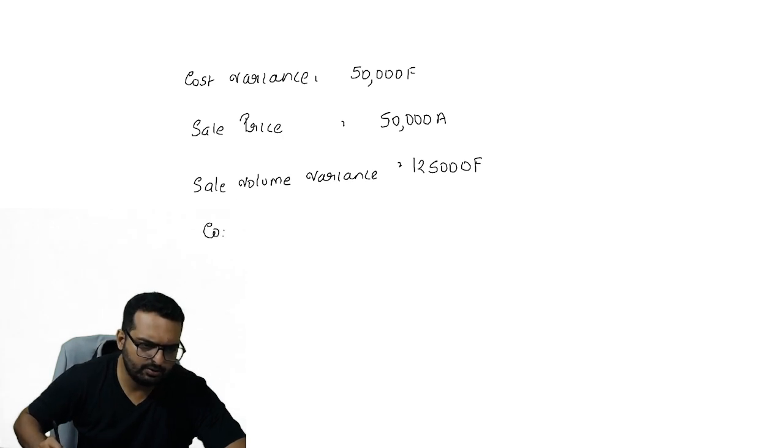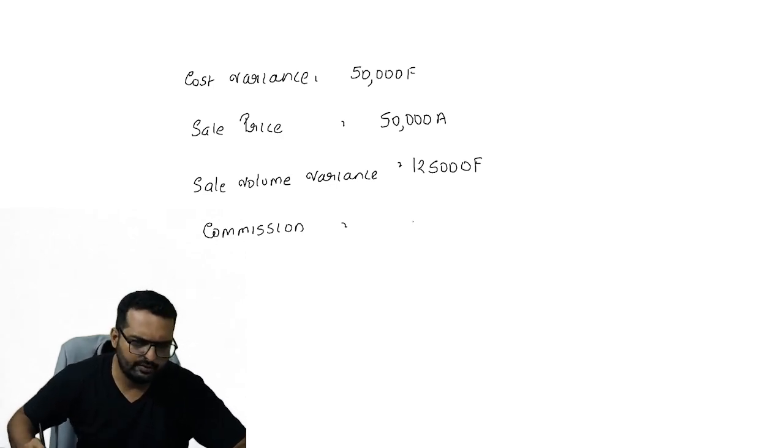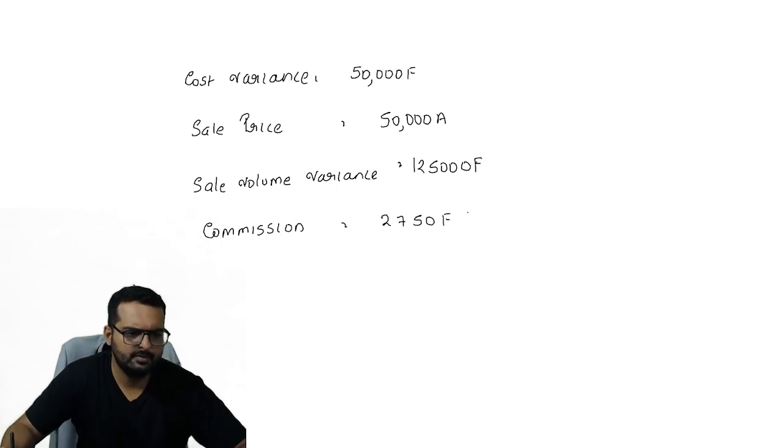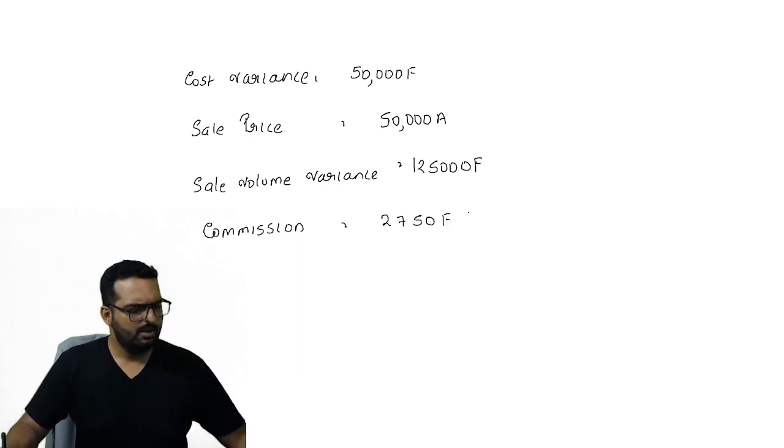Okay. What about in case of commission? Overall, what is the variance that you get over there for commission? Is it 2,750 favorable? Let everyone finish doing this, friends. I'm not rushing. Perfect.